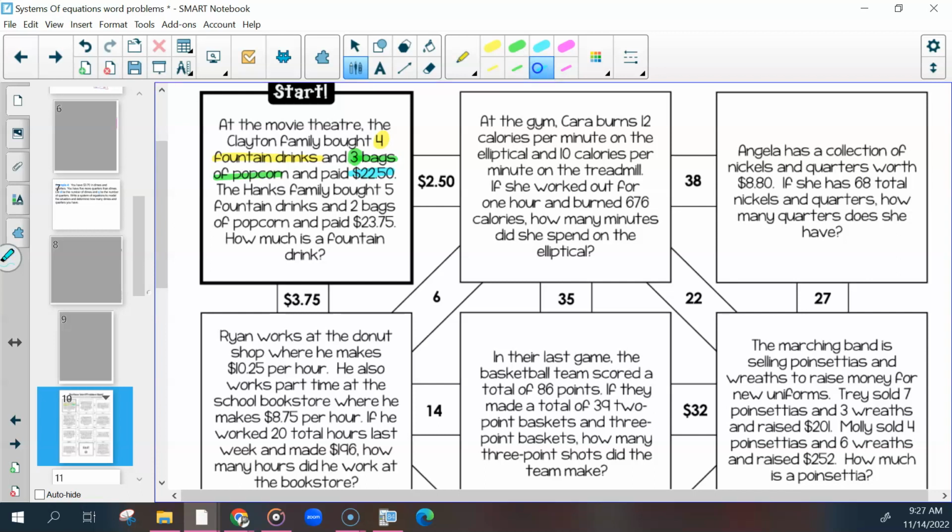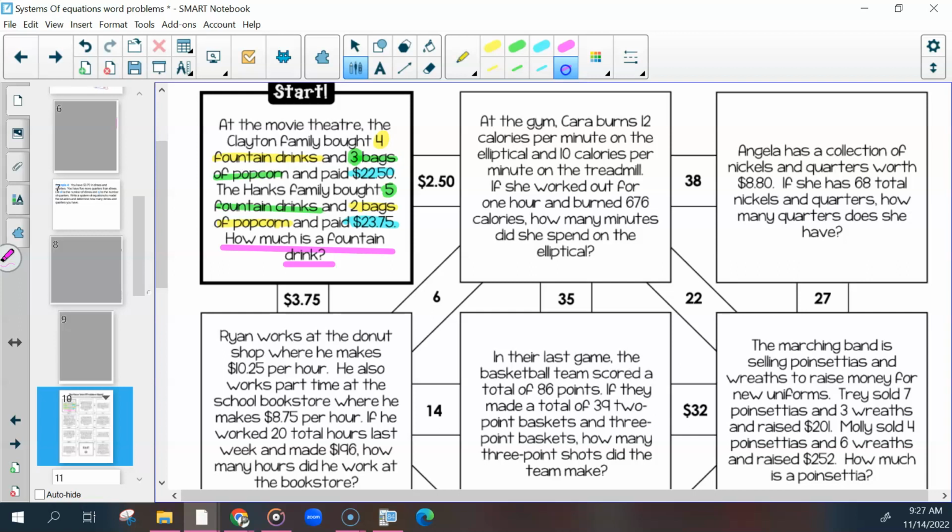What else? 5 drinks and 2 bags for $23.75. And then what are we looking for? Alright, so in this problem, we are only solving for one thing. So I'm going to show you, if you happen to solve for one thing, the fastest way to do that.